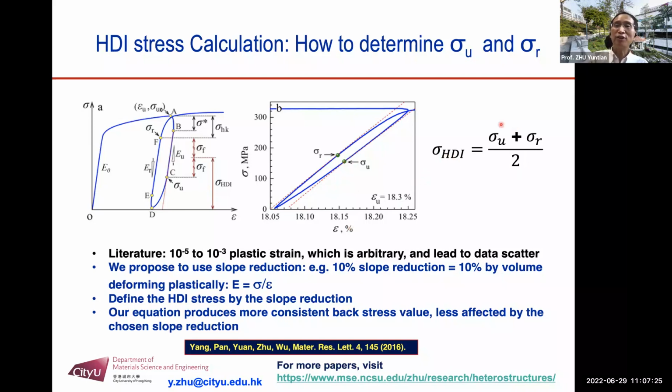What is great about this equation is when you use a different percentage for this unloading and reloading curve, this sigma U decreases, the other increases, their variations cancel each other. So it gives you very stable data you can measure.